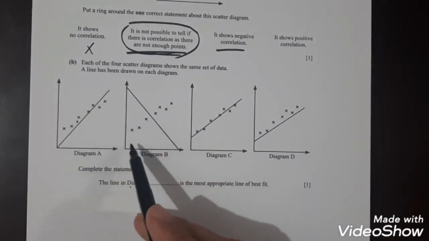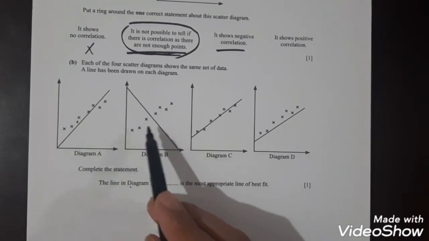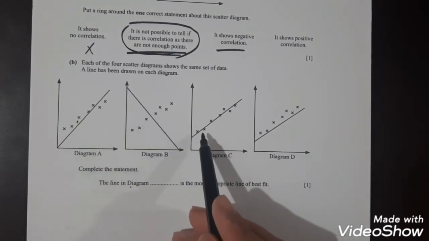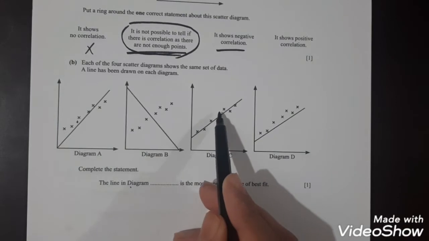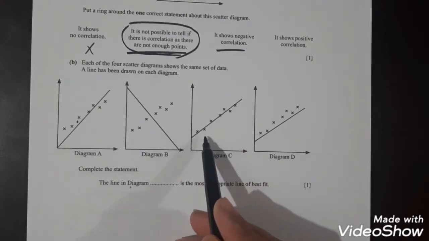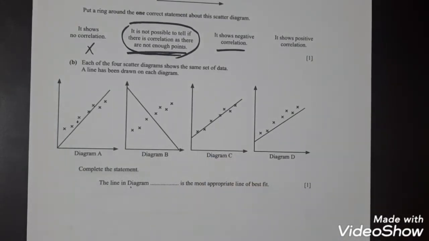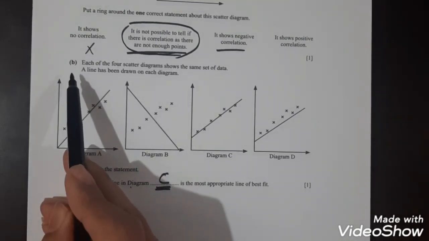Over here it is perpendicular, so this is also wrong. Over here it is 3 points up and 3 points down, so this is correct. So the line in diagram C is the most appropriate line of best fit. So the answer is C for question 5B.